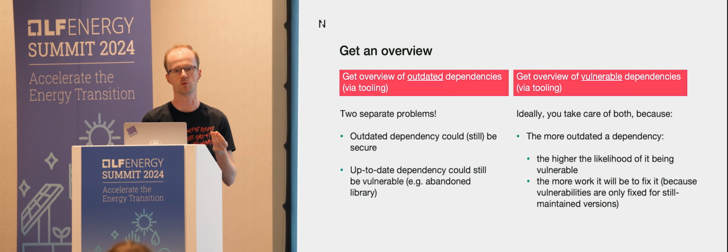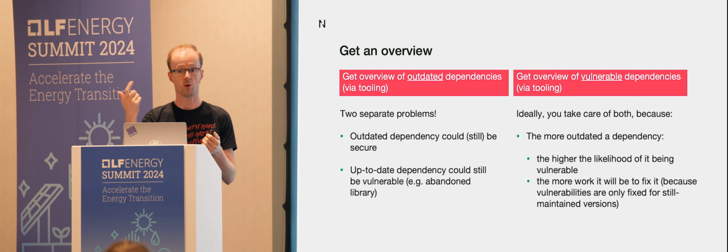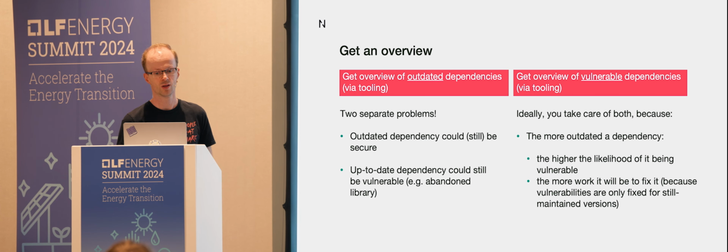And on the other hand, I use different tooling to get the vulnerable dependencies. These are 2 separate problems. A dependency, any dependency, could be vulnerable or not, or outdated or not, or both, vulnerable and outdated.